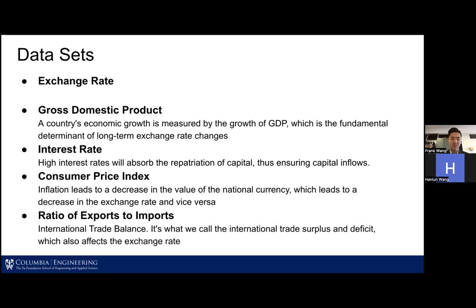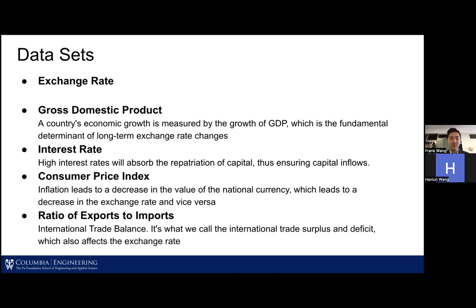The first is gross domestic product, the GDP, which reflects a country's economic growth. So this is tightly related to the exchange rate. And also the interest rate, because high interest rates can absorb money to flow into the country, so the interest rate is also related to the exchange rate.